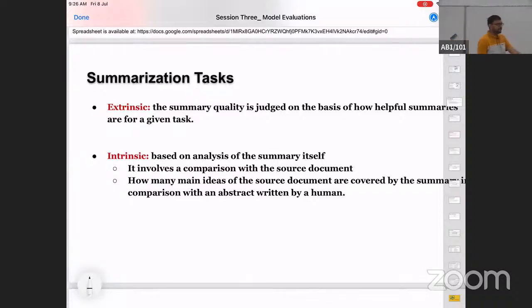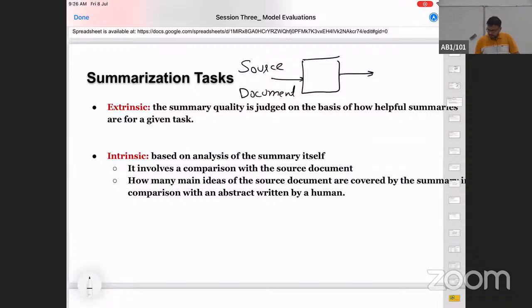The idea is very simple: you have a source document and you want to create a summary. You have a black box system, a model. You pass a source document, and this system generates a summary.